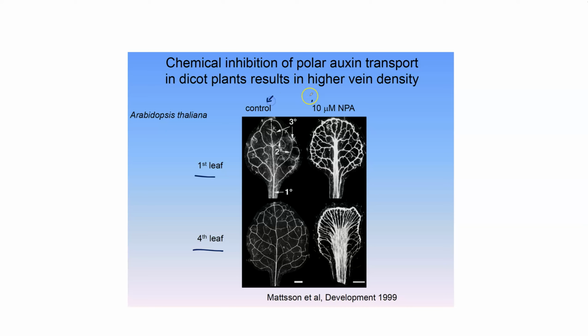So these are untreated plants, and this is the treated ones, with an inhibitor of auxin transport. If you didn't allow it to move at all, of course you would not have viability, but if you inhibit some of the transport, you can see a real difference in both the number and spacing of those veins, right? There's a lot more of them, and they're crammed together.